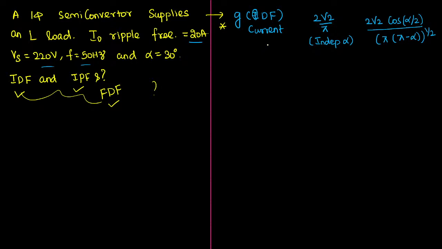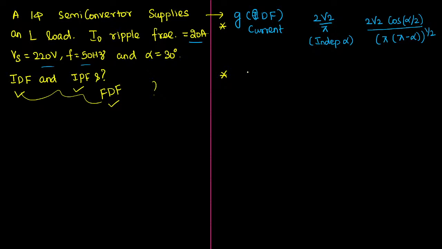Okay sir, so we can also call it the input distortion factor, as they have asked in your question. It is simply calculating the input distortion factor. Whether they ask current distortion factor or input distortion factor, you can simply calculate this value. Okay sir, first one is over.